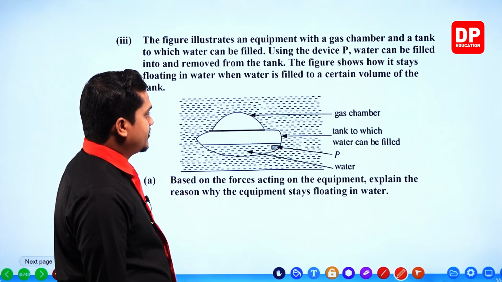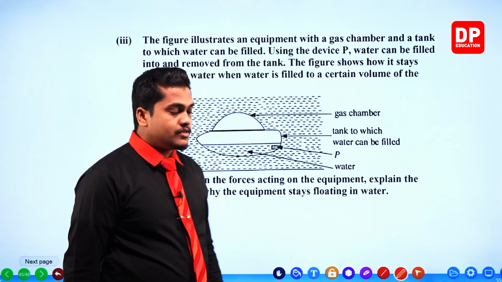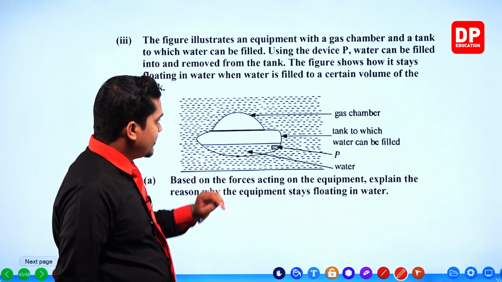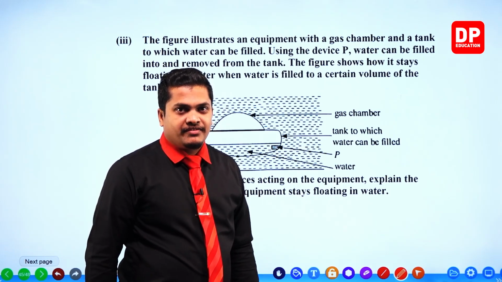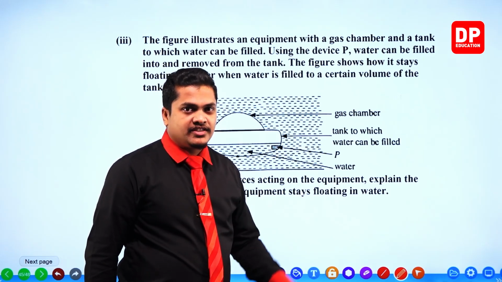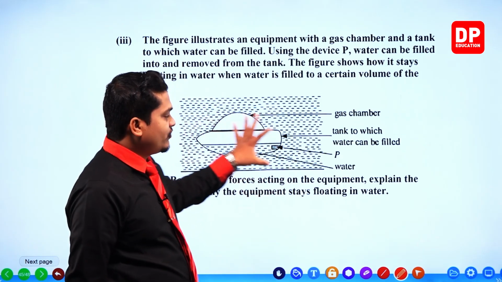Simple, my dear children. Why is it staying floating in water? Because the weight is equal to the upthrust acting on the object. If the weight and upthrust are equal, then it's not sinking to the bottom and it's not going up, staying like this kind of a position.